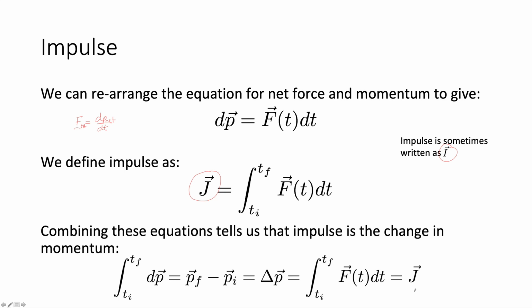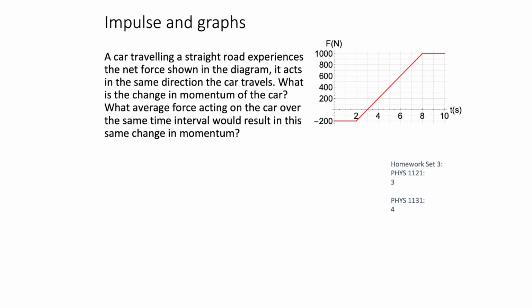So what's useful is that the impulse is also equal to the change in momentum. Okay, so we can use impulse with graphs as well. Here we've got a graph showing the force versus the time, and we have just derived that the integral of F dt is equal to the change in the momentum.